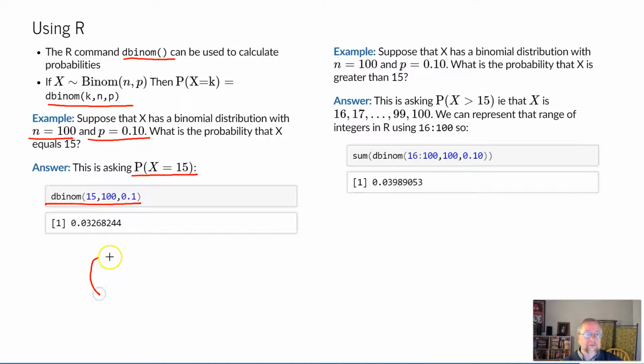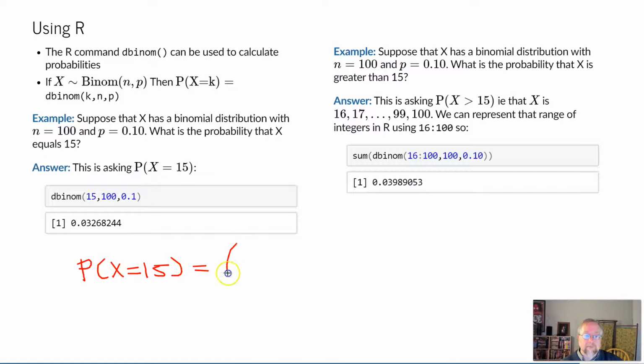You could do 100, the probability that x equals 15 out of the 100 options, the 100 trials. I want to know where the 15 successes are.